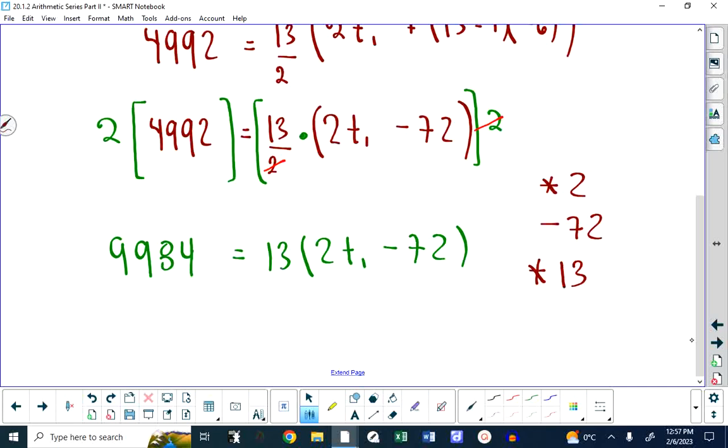So in order for me to solve for T1, I have to start with that 9984, undo the times 13, which means I divide by 13. That's my first step. I take 9984 and I divide by 13.